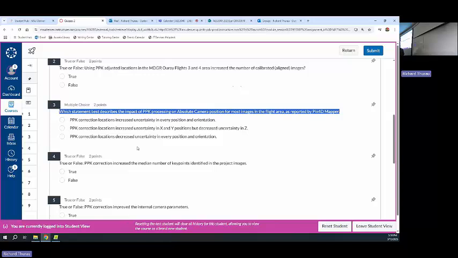All right, so true, false, PPK correction increased the median number of key points identified in the project images. So intuitively, should PPK correction impact the number of key points? Right, what is going to impact the number of key points?